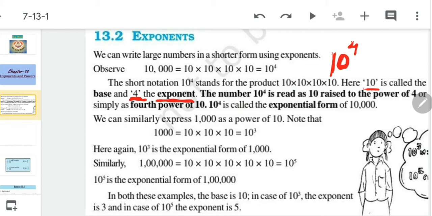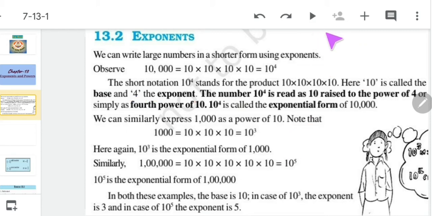If for example it is written 15 power 5, that means 15 is the base, okay, and 5 is its exponent. So don't get confused. Power is same, that is exponent.